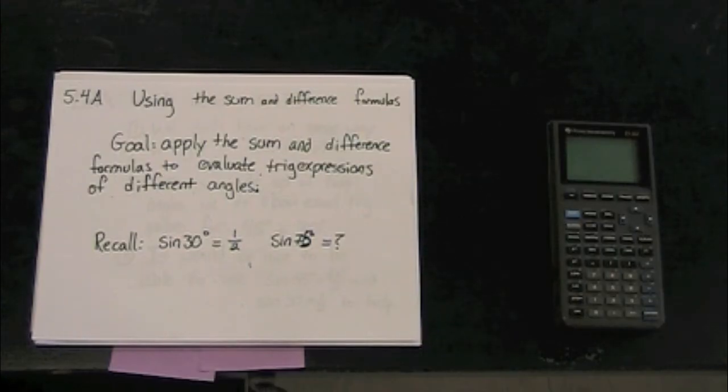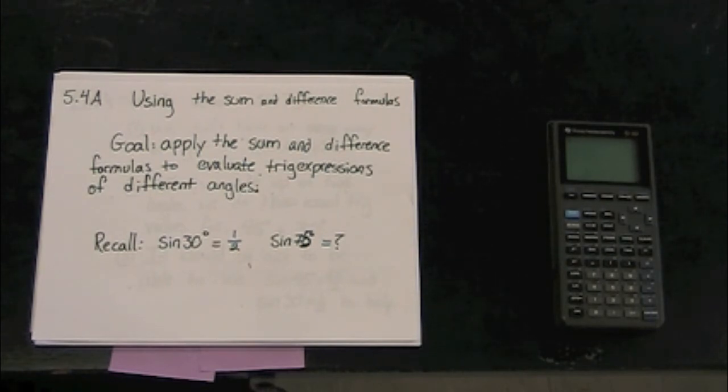Today we're going to be talking about using two new identities, or actually several new identities, that compose the sum and difference formulas. Our goal is to apply these to evaluate some exact values of trig expressions for different angles. There are some angles, the angles that have to do with special right triangles, that we're very familiar with the trigonometric functions of.